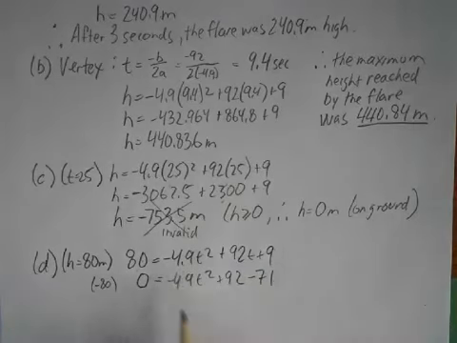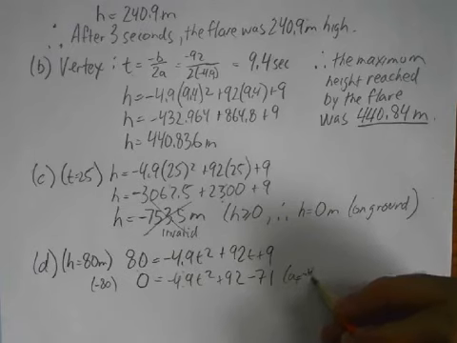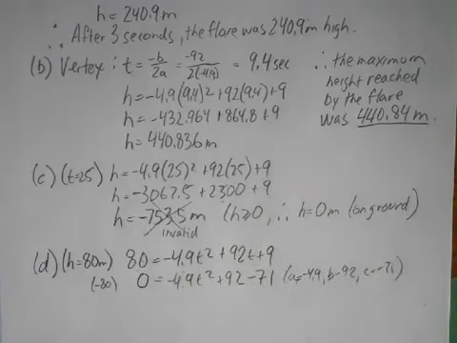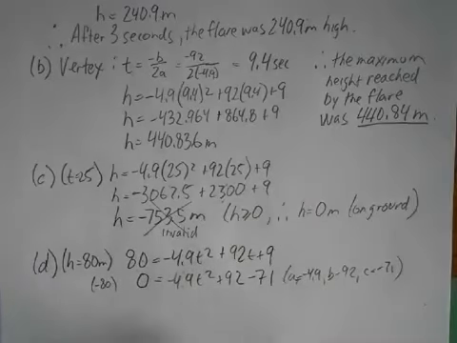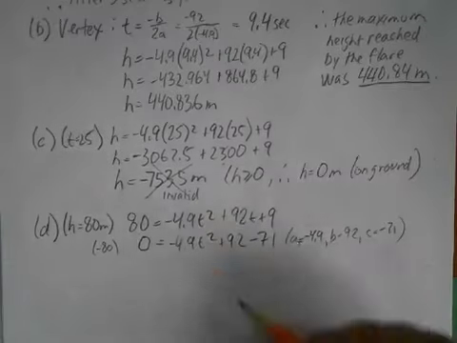So now at this point, I've got my values of a, b, and c. A equals negative 4.9, b equals 92, c equals negative 71. I can now plug those into the quadratic formula and solve for t. Remember, I'm solving for t, not x.